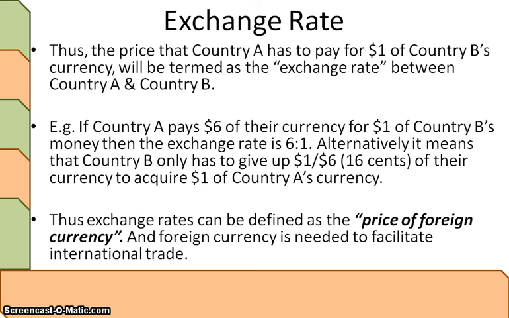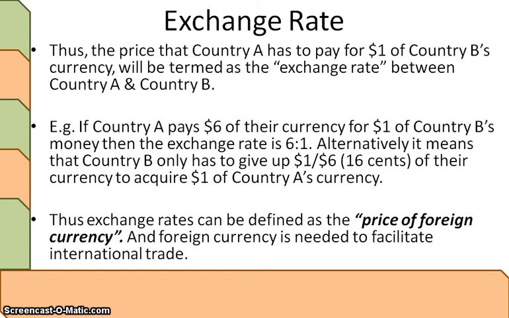That means 6 units of country A's currency were given up in order to purchase $1 of country B's currency. So the exchange rate between A and B is 6 to 1.